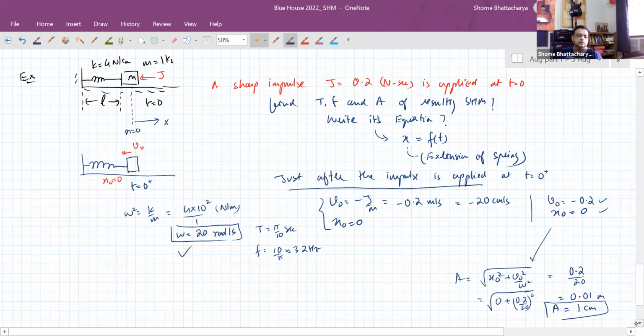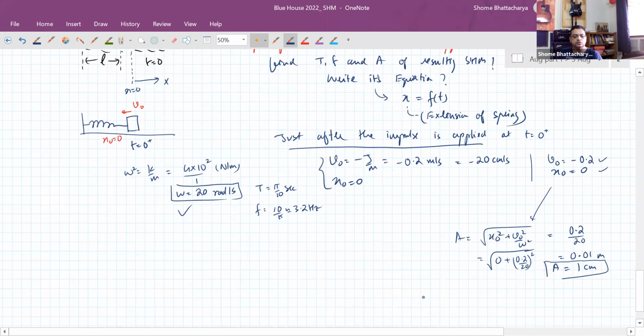Okay. And phase constant is going to be how much? It's tan inverse 0, but such that cos phi is negative because v naught is negative. So it should be pi. The phase constant is pi, the amplitude is this much.